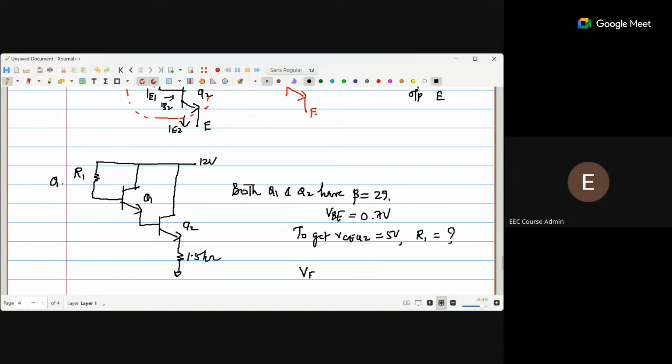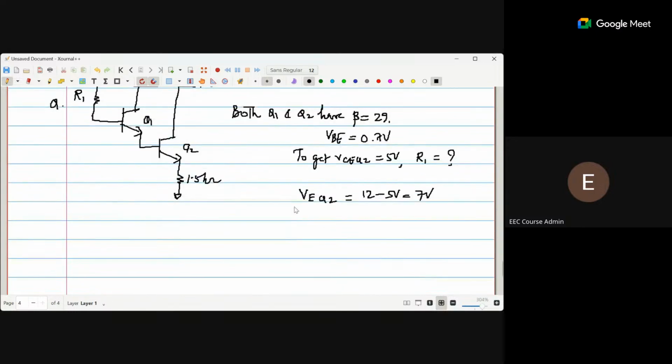So VE of Q2 will be 12 minus 5 volts. You will get it as 7 volts. So with that, IE2 will be 7 by 1.5 kilo ohm.